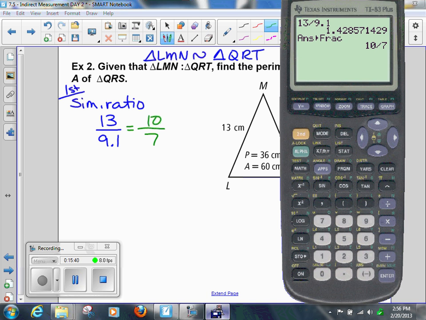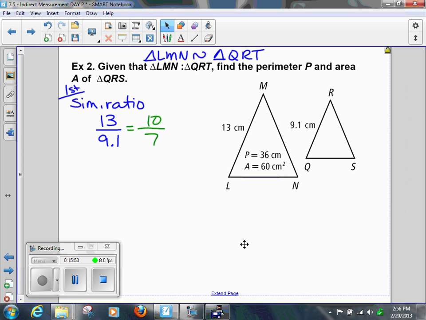I've got to find the perimeter of that triangle.